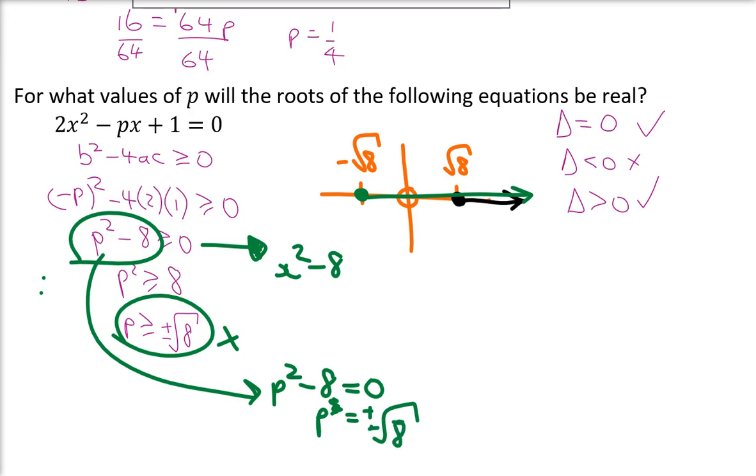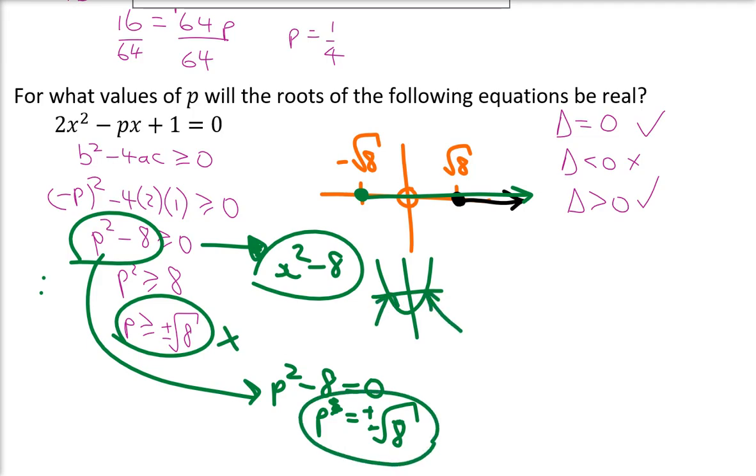But then I think about what this graph looks like. And that graph there looks like that, with two answers there and there being these two answers of plus and minus root 8. And so where is the graph positive? Positive root 8 and less than negative root 8. So that is actually your solutions there.